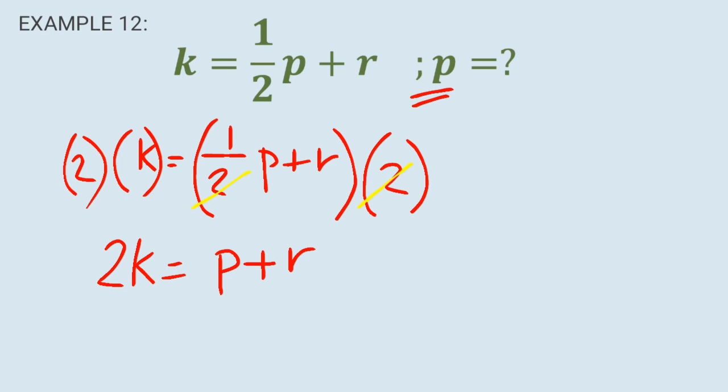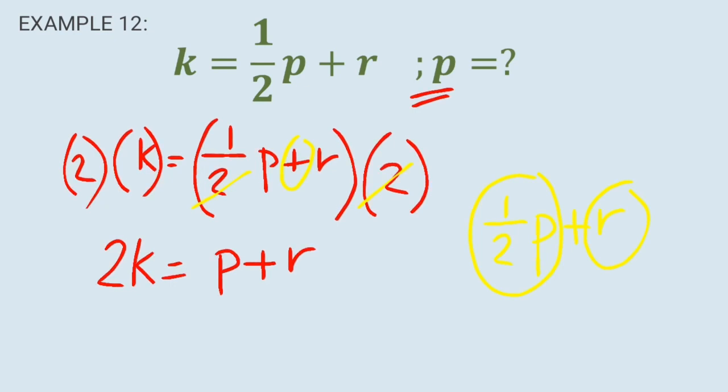So on this one, we have violated something. This is a misconception. Why? If you observe here, we have an addition operator, a separator. So I will write it on the side: 1 half P plus R. This term is different from that term, so they should not be combined.